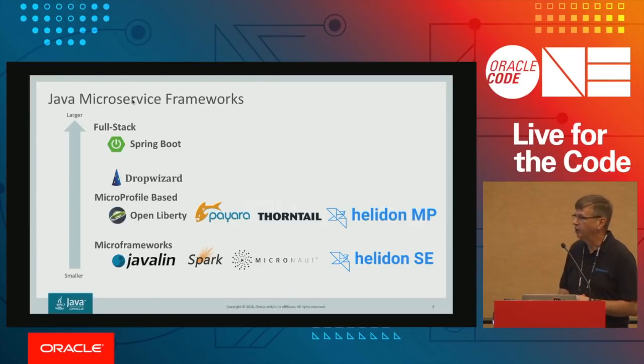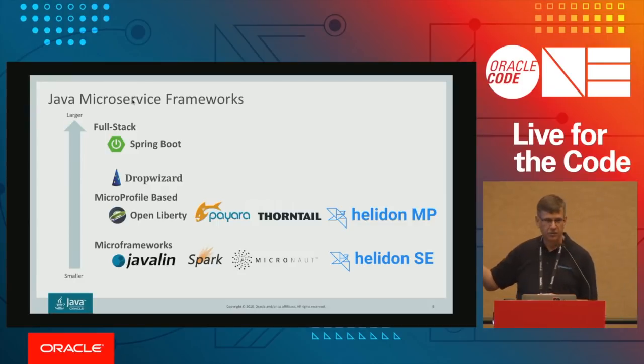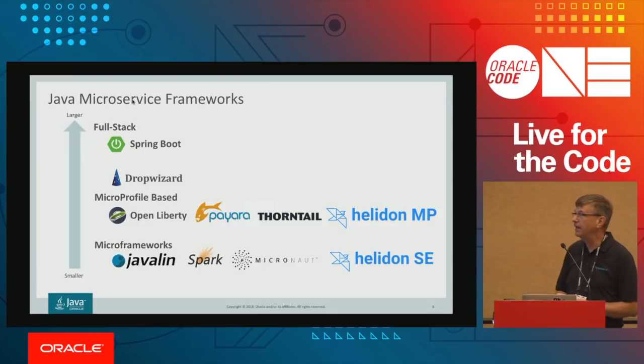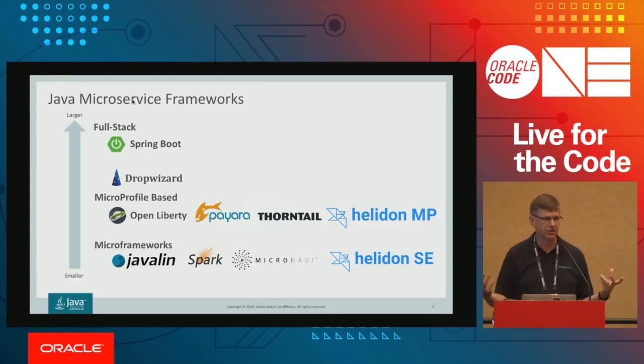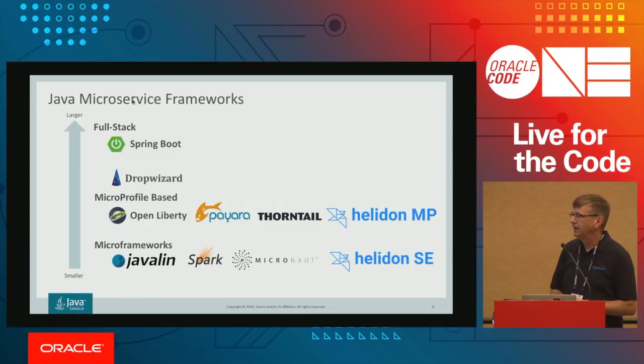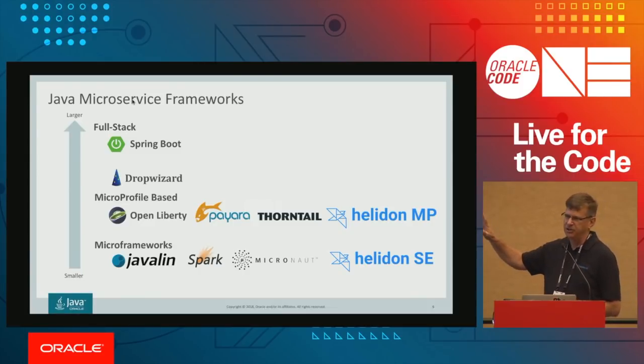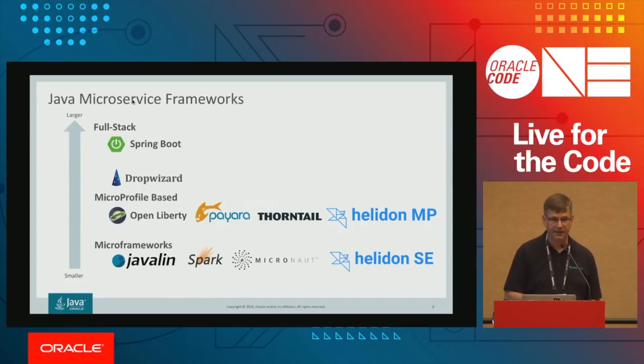So we have OpenLiberty from IBM, Payara MicroProfile, Thorntail from Red Hat, and that's where Helidon MP fits in. DropWizard kind of floats around that area too, if some of you are familiar with DropWizard. And then up at the full stack, full featured area, we have Spring and Spring Boot. So again, this is not scientific, but just to give you a little orientation about where Helidon SE and Helidon MP fit.